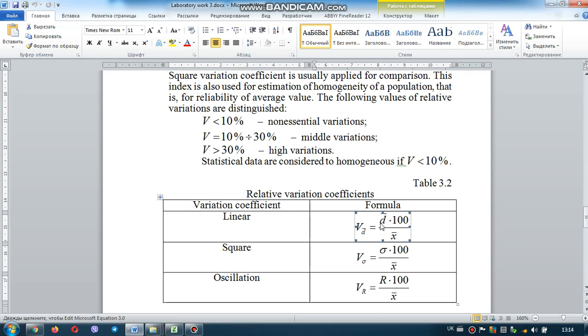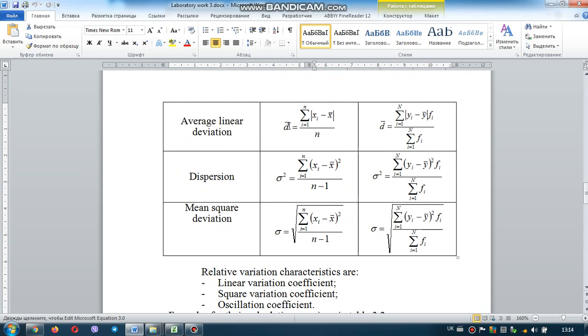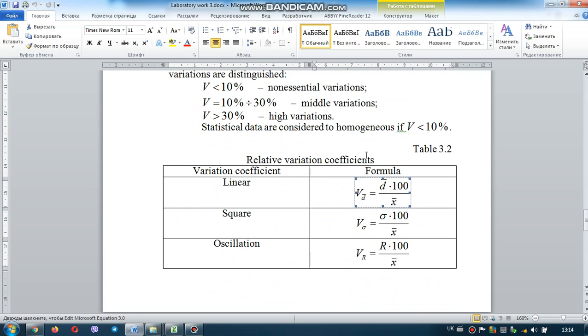This is determined as d by 100 divided by the average value. The d value, this is average linear deviation, so let's try.